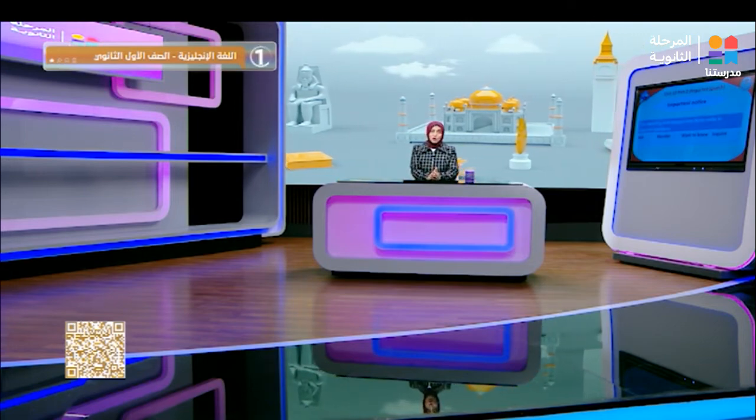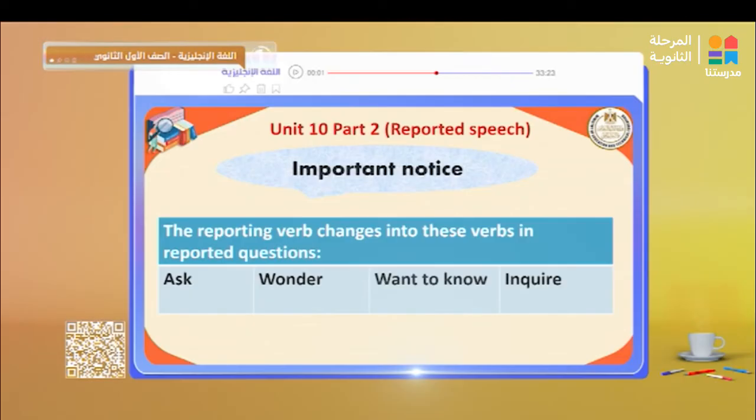We have some other verbs which we can use instead of using ask. When he asks a question, we say he asked me. But also we can say he wonders, or he wants to know, or he inquires. What is the difference between these verbs? The verb ask is followed by an object, so we can say he asked me. But the verbs wonder, want to know, or inquire aren't followed by an object.